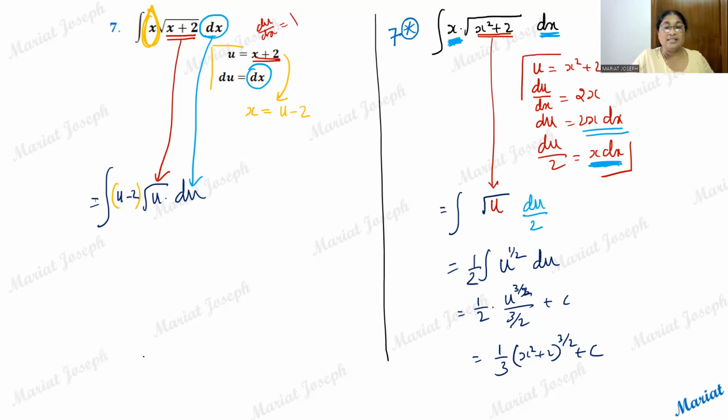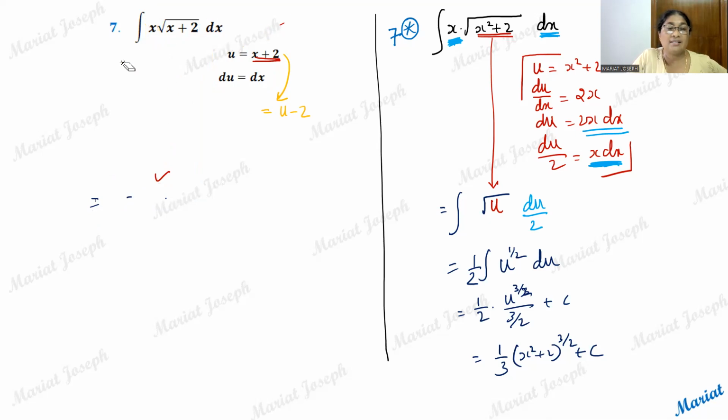All of you note this. This x in the previous question easily went off, but here it's not going off like that. So how we do it is we substitute x plus 2 as u and then differentiate, and from that make x as u minus 2 and then replace.